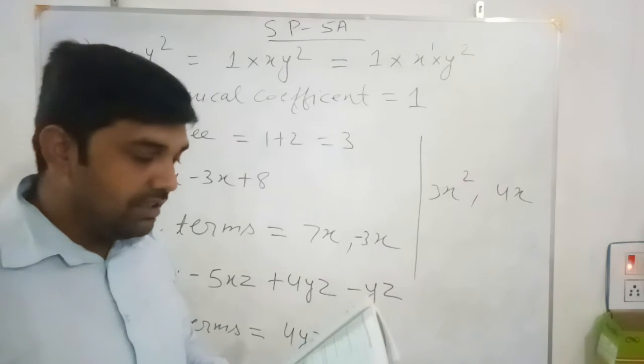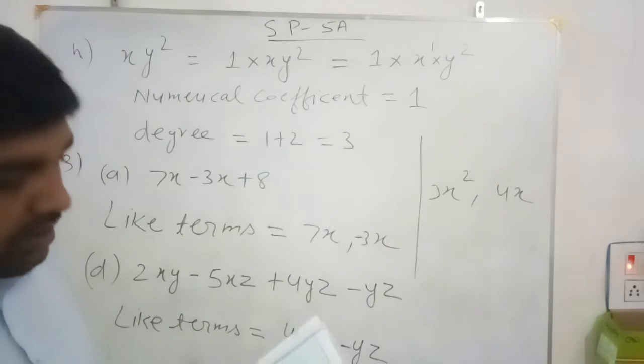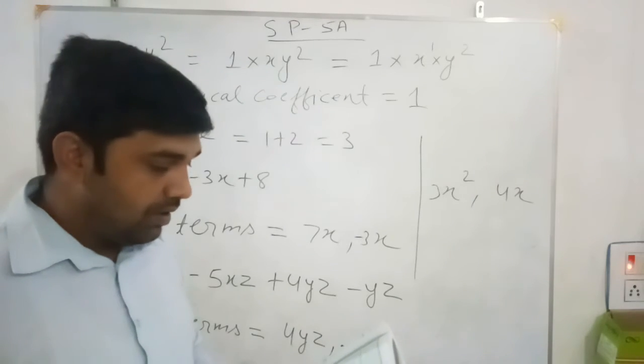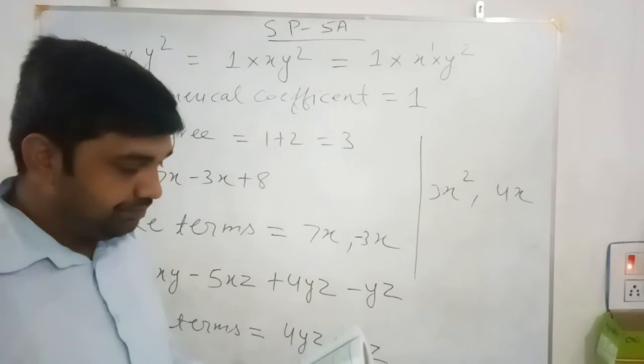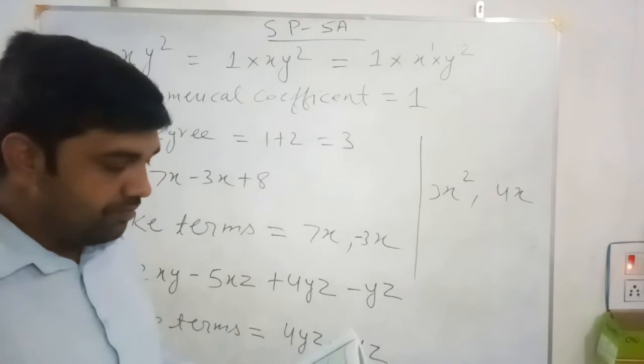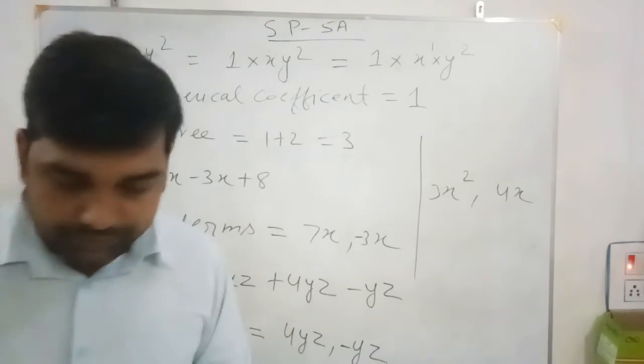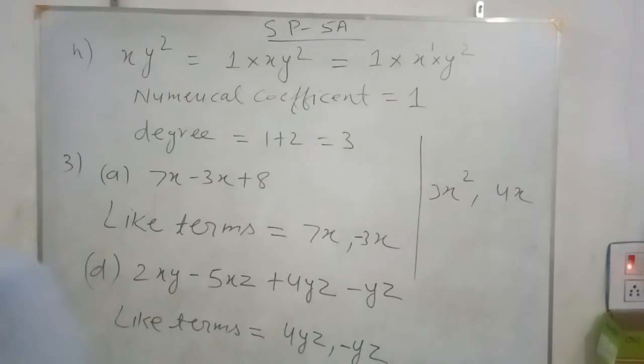These two are the like terms. r minus s is not a like term. So in this, see how we do question number G.